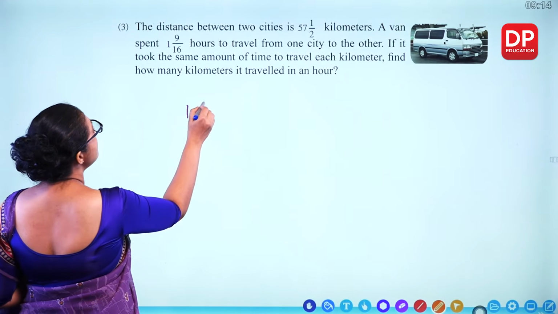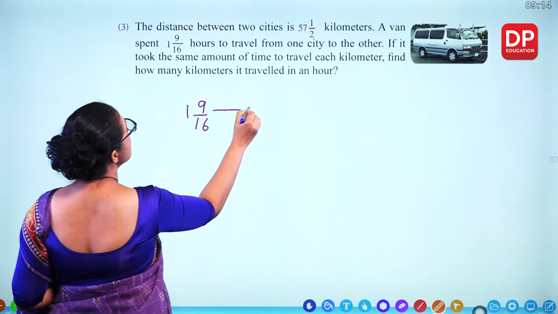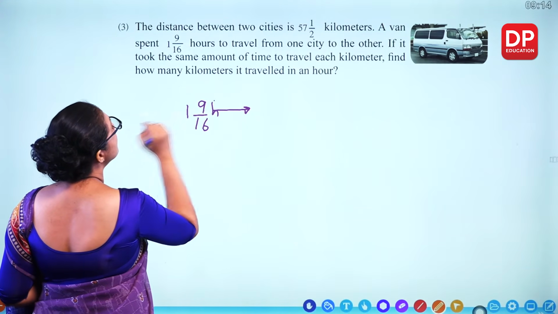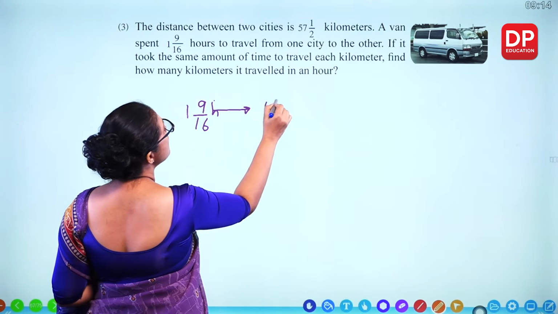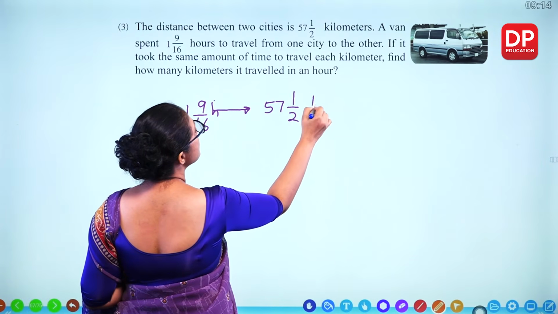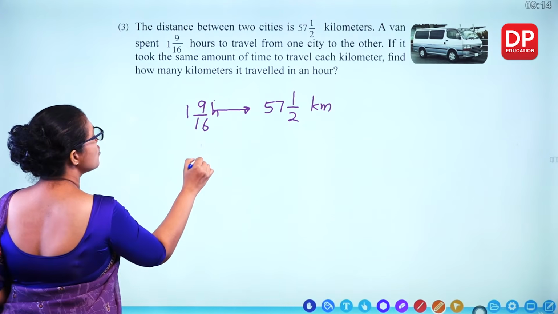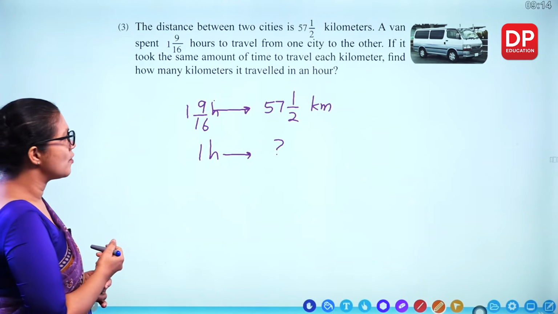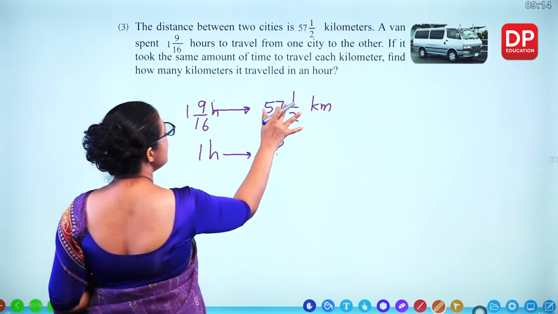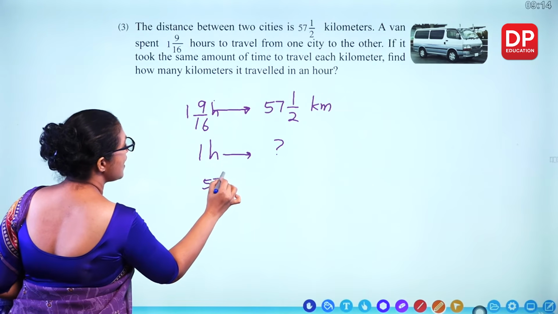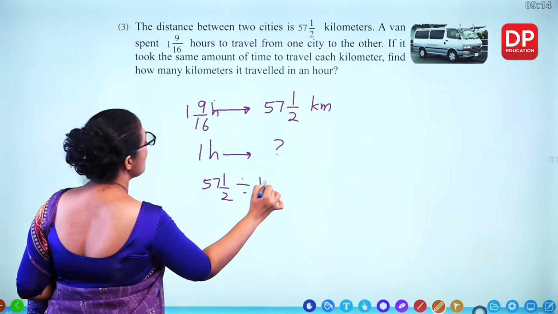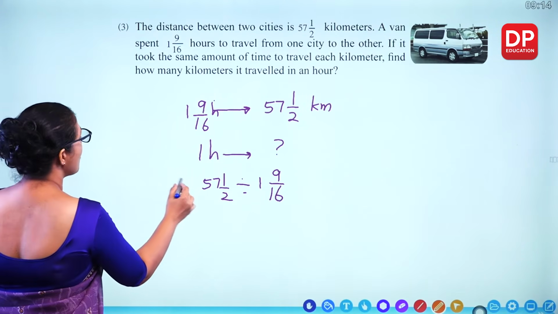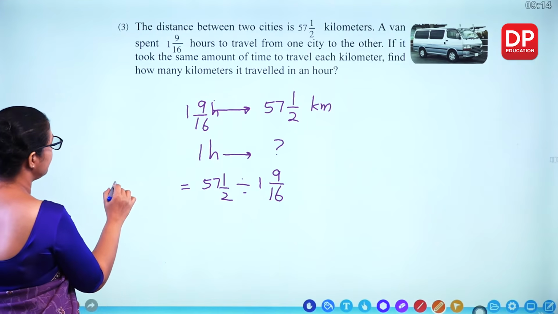So 1 and 9 over 16 hours, it traveled 57.5 kilometers. The question asks, if this is 1 hour, how many kilometers? So that means we divide this by this. So 57.5 divided by 1 and 9 over 16 is the number of kilometers.